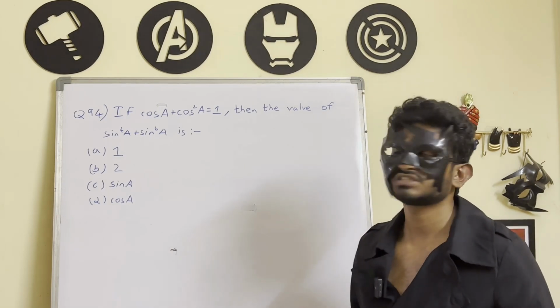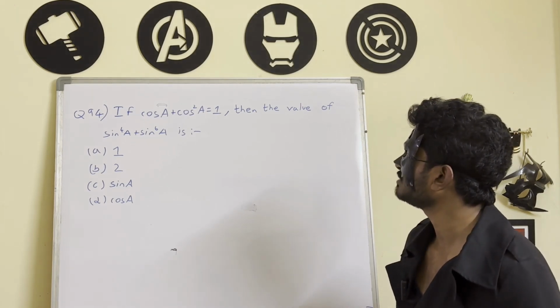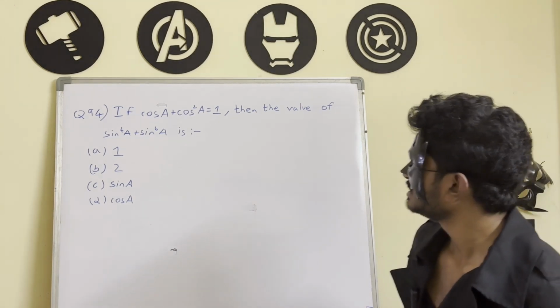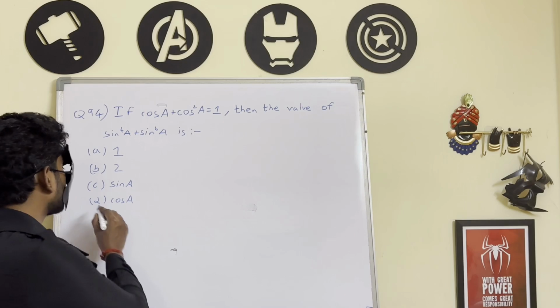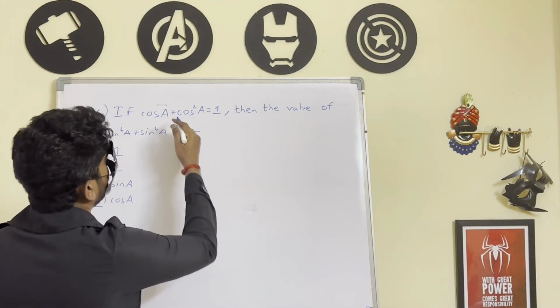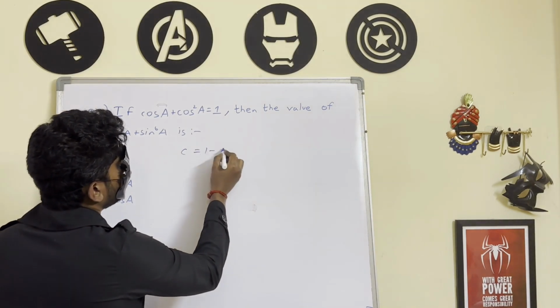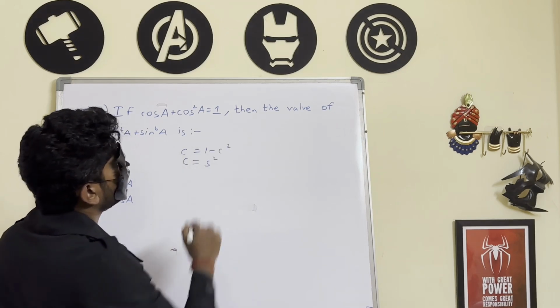So superhumans, next question is: if cos a plus cos square a is equal to 1, then the value of sin power 4a plus sin power 6a is. Yes, I already taught you the formula, you should be directly able to mark option D, but suppose in exam you forget, then from this equation cos a is nothing but equal to 1 minus cos square a. So 1 minus cos square is nothing but equal to sin square a. So cos a is equal to sin square a.